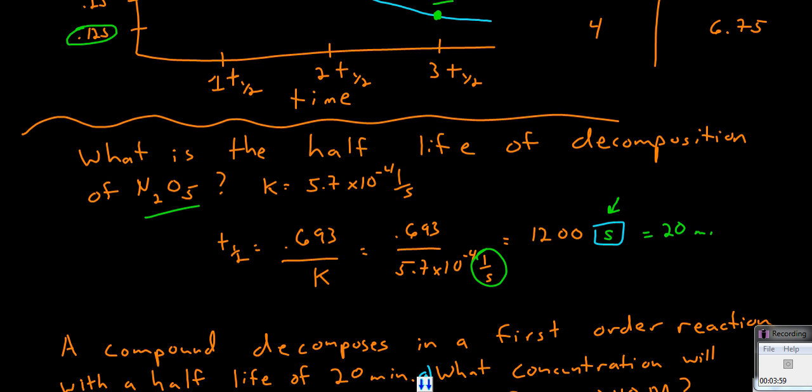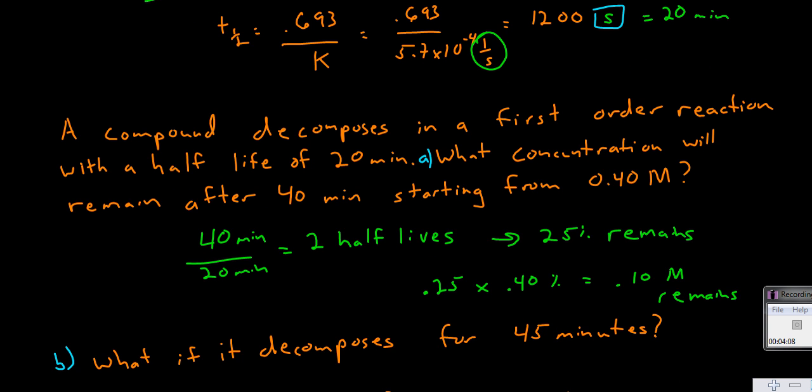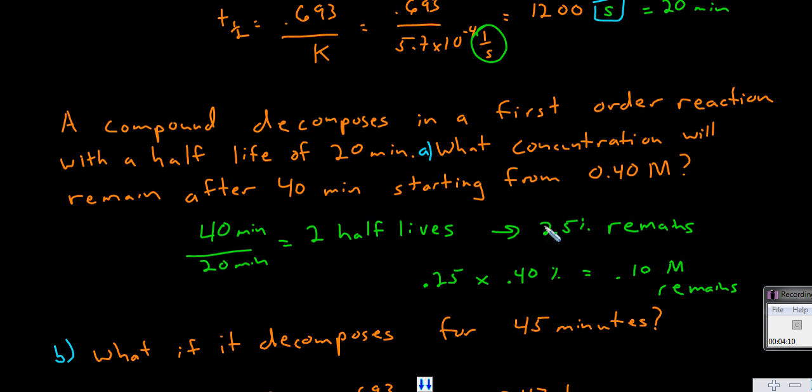Now, continuing with this problem, if its half-life is 20 minutes, what concentration will remain after 40 minutes if you start with 0.40 molar of it? Well, how many half-lives have you gone through? If a half-life is 20 minutes and it's reacted for 40 minutes, it's reacted for 40 over 20, 2 half-lives.